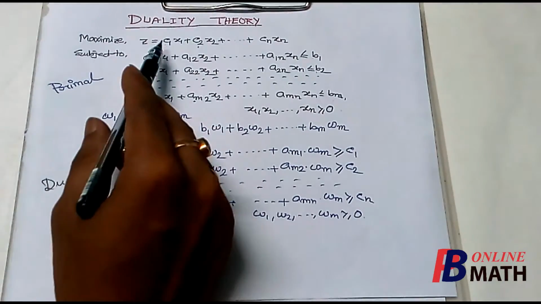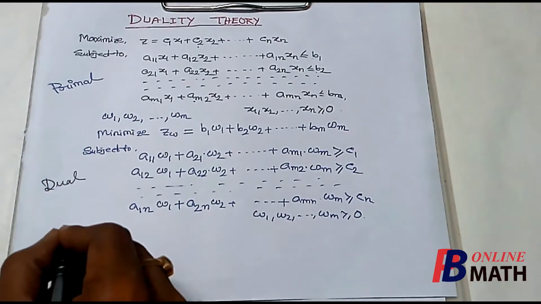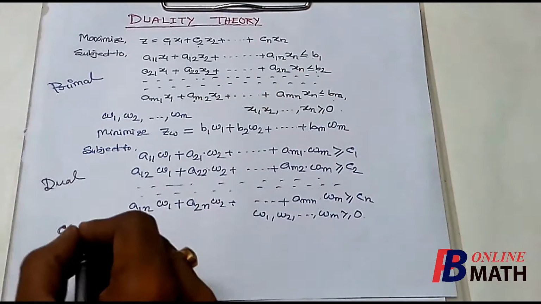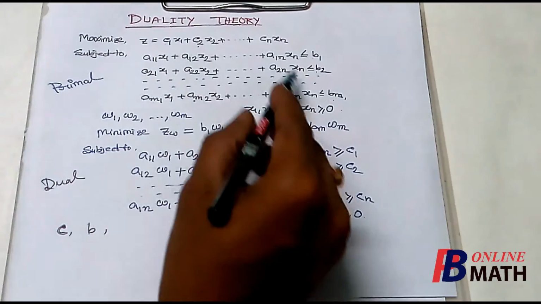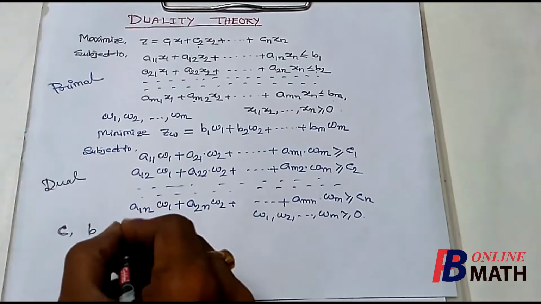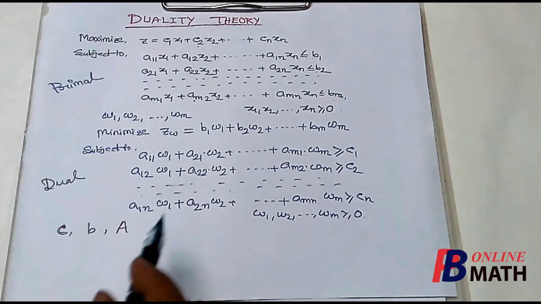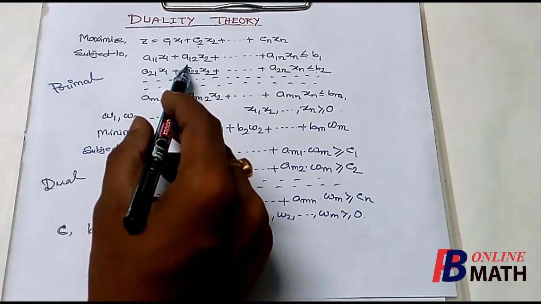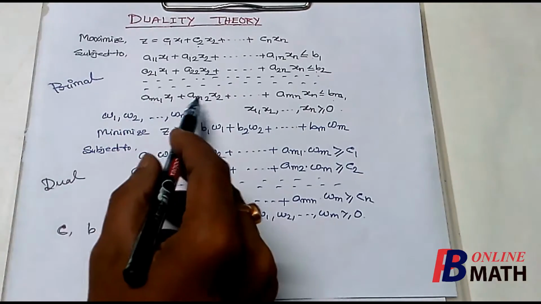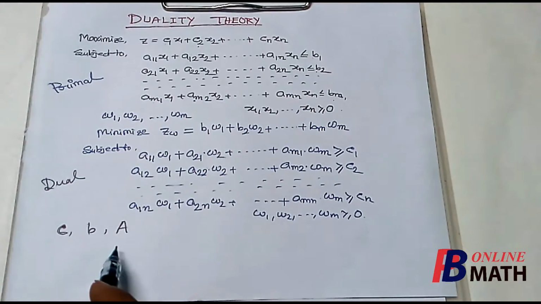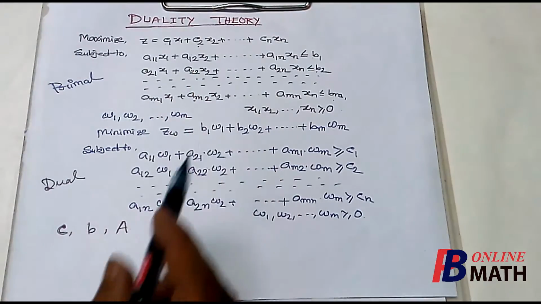Now if we assume that this cost vector is c vector and this vector is b vector, and if we assume that this coefficient matrix is denoted by capital A, so now capital A is an m cross n matrix whose elements are a11, a12, a1n, a21, a22, a2n up to am1, am2, amn. So this is a coefficient matrix having m rows and n columns.